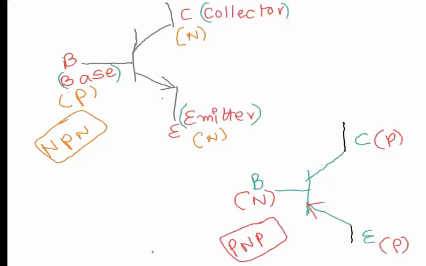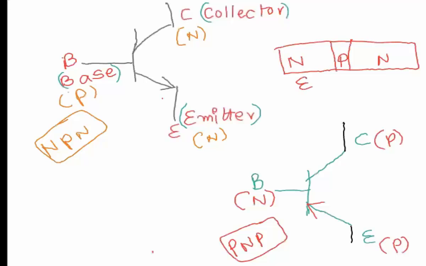So if you have an NPN transistor like this, this is emitter, base, and the collector, where you are forming how many junctions? Two junctions. One junction is between emitter and the base.